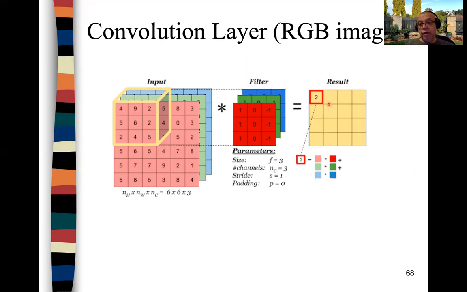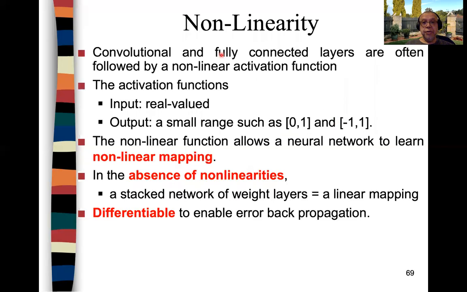Now we're going to take these values here and apply nonlinearities. So convolutional and fully connected layers, being, for example, the multi-layer perceptron, are followed by a nonlinear activation function.